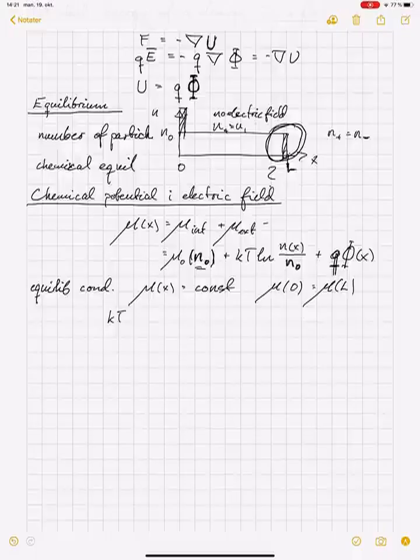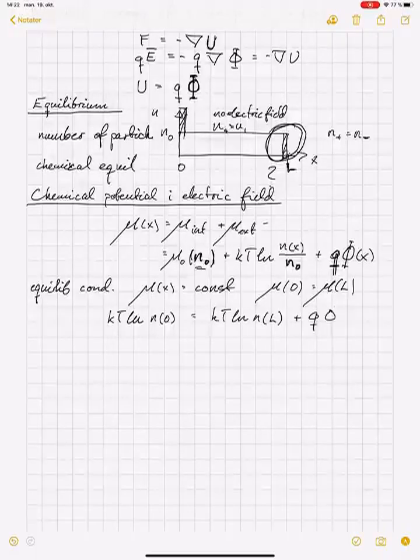So then we get kT logarithm of n0 equals kT of the logarithm of n of L plus the charge at L, charge times the electrical potential at L. Now this we can just rewrite in very simple terms.